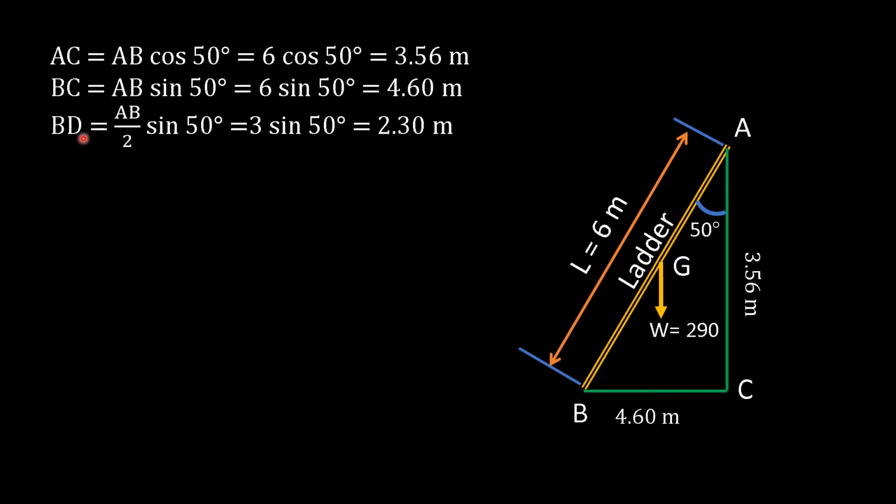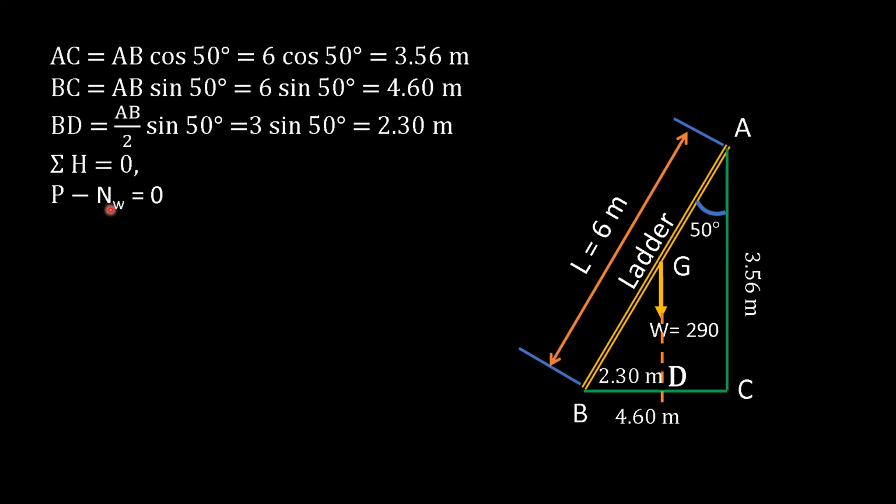Then we shall need BD, which will be AB divided by 2 sin 50, 3 sin 50, which will be 2.30 meters.